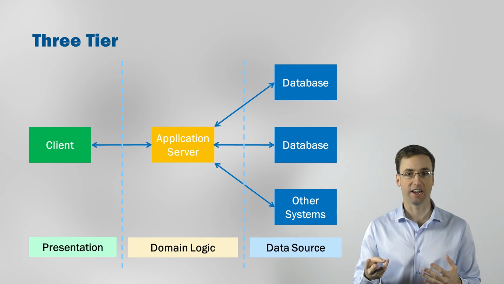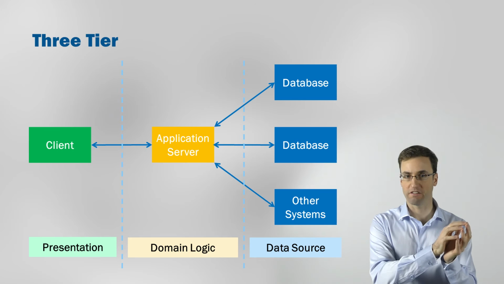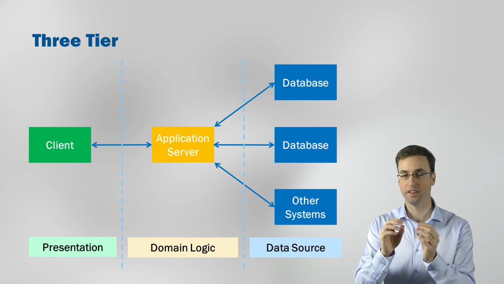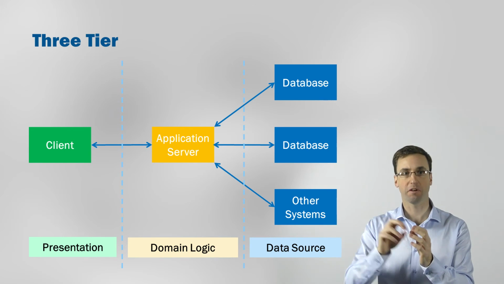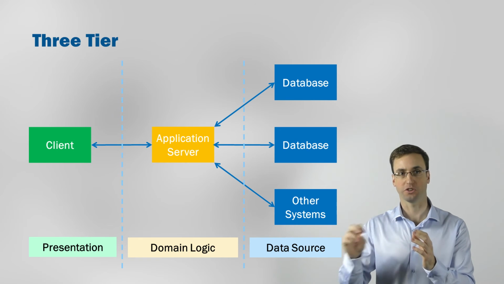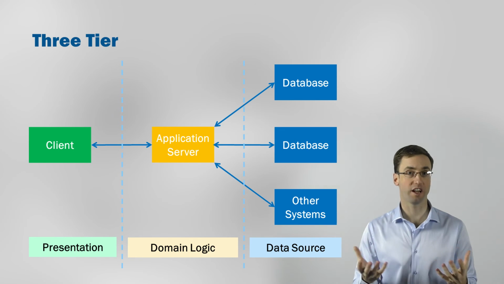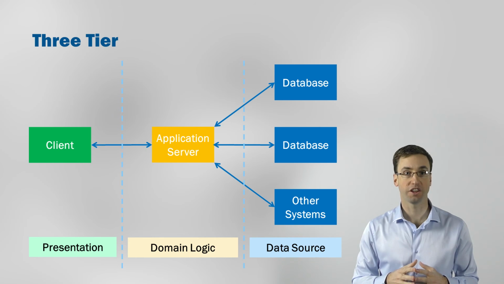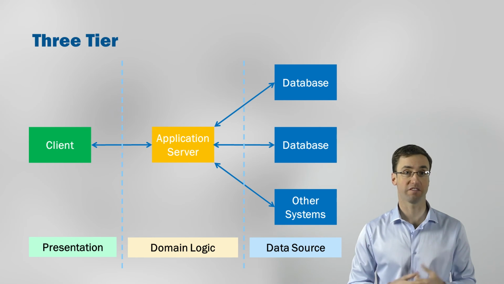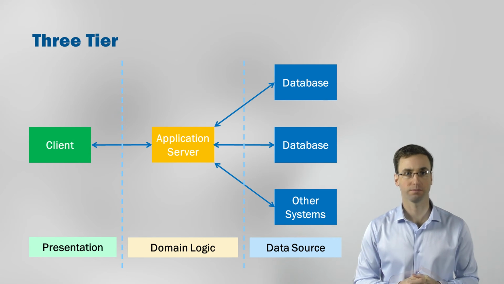But in a 3-tier architecture, you only need those 100 connections to the application server, and then 3 more connections from the application server to the data sources. So a total of just 103 connections. You've eliminated almost 2/3 of the number of required connections.